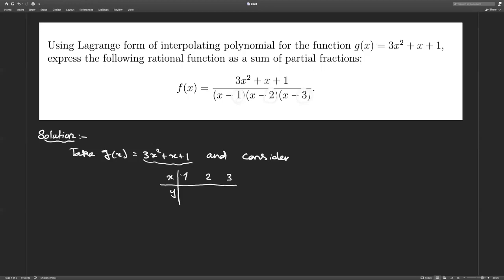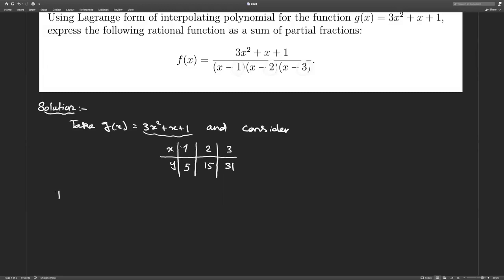So put x equal to 1 in g, you have 3 plus 1 plus 1. So it's 5, and put 2 in g, you will have 12 plus 2 plus 1, 15, right? And you put 3 in g, you will get 31.